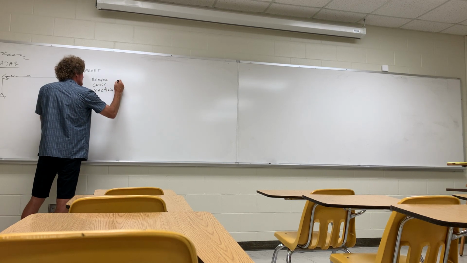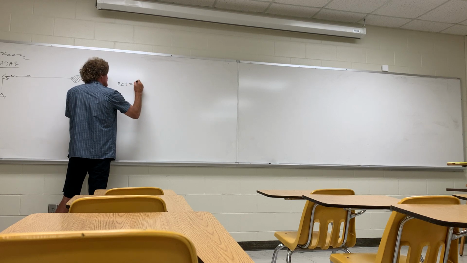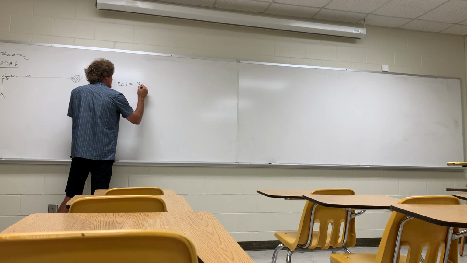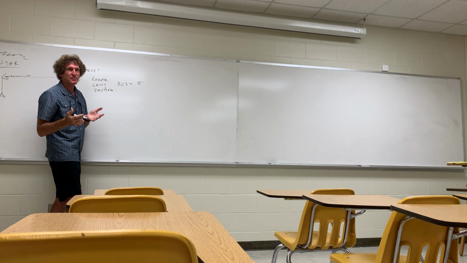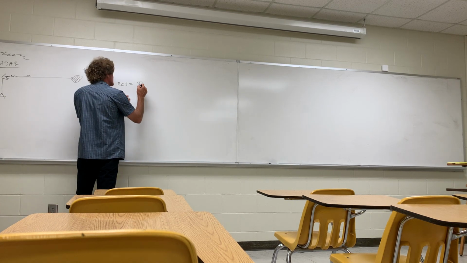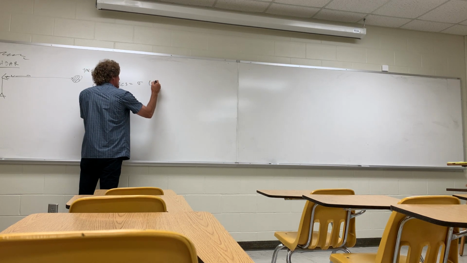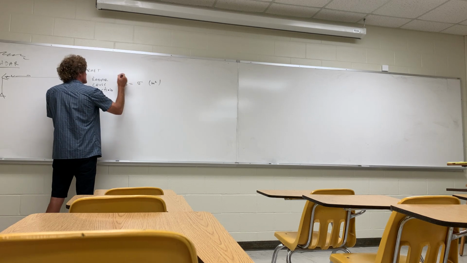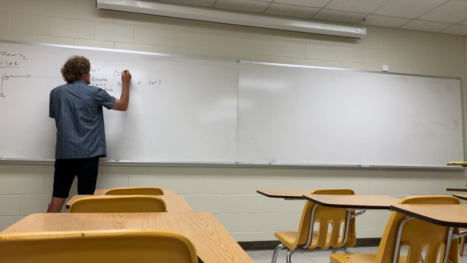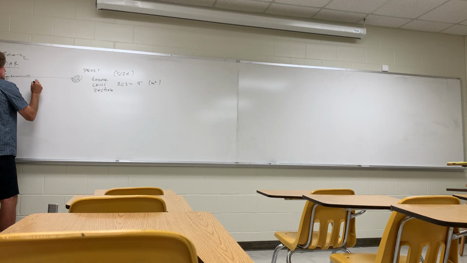We call this RCS, and the symbol for it is sigma. You've got to make sure, sigma we use for conductivity as well. This is the radar cross section, sigma, in meters squared, and it's the size of the target. It's a distance r away.